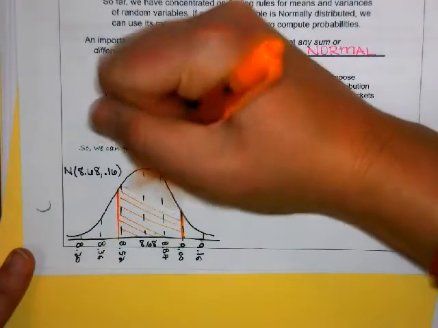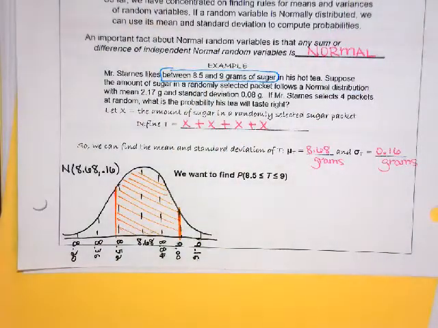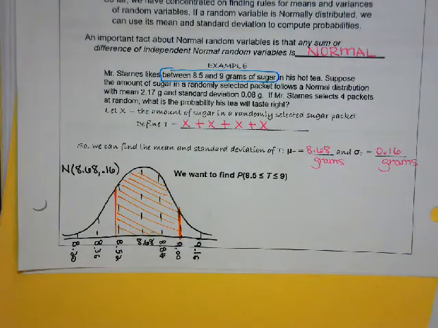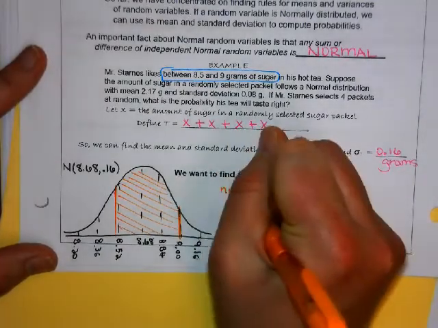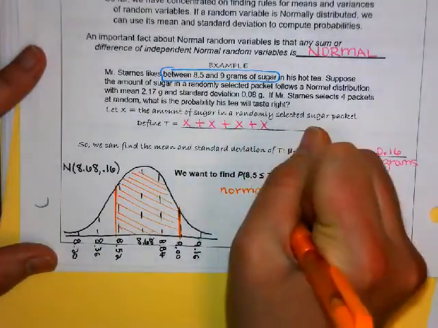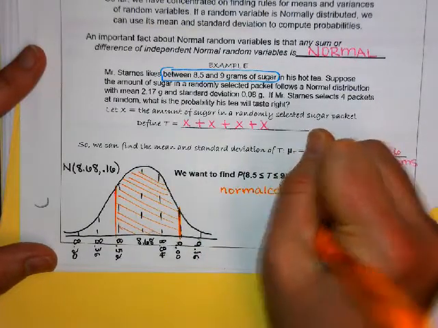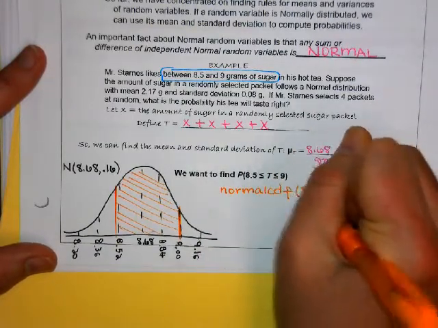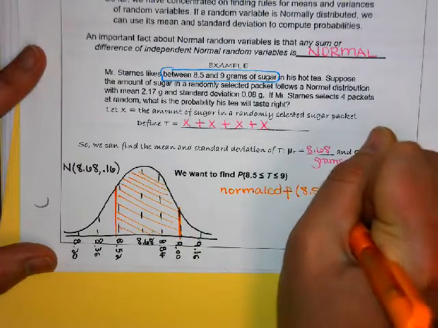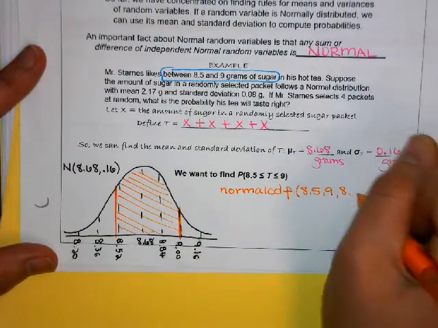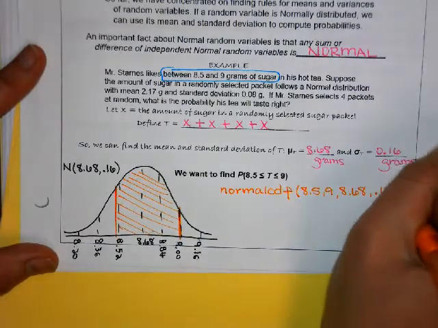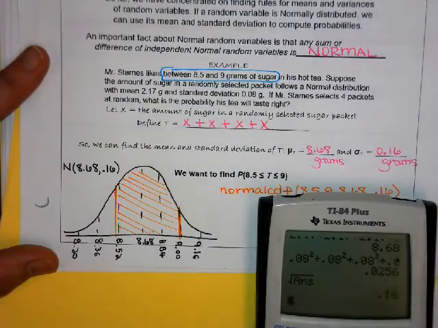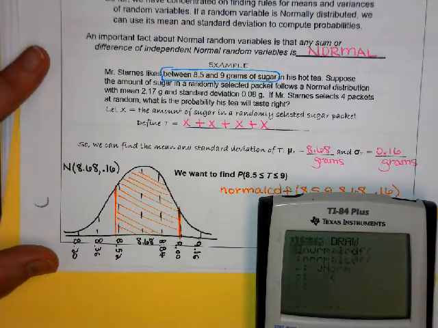Normal curve. So we're going to use normal CDF. Lower bound is 8.5. Upper bound is 9. Mean of 8.68. Standard deviation of 0.16.